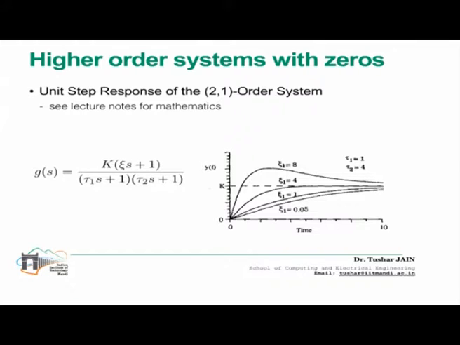You see, let's look at it more clearly on the pole zero map. This is the imaginary axis and this is the real axis. Okay, this is my pole with this condition tau 1 is less than tau 2. Sorry, this would be my tau 2.